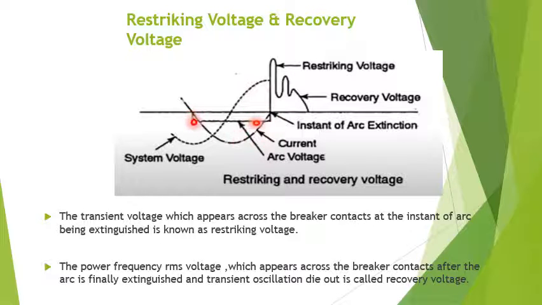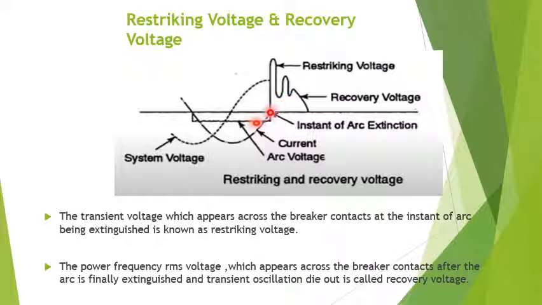This is the arc voltage. It is observed that at current zero, when the arc is quenched, a very high voltage appears across the contacts of the circuit breaker. That voltage is called the restriking voltage.